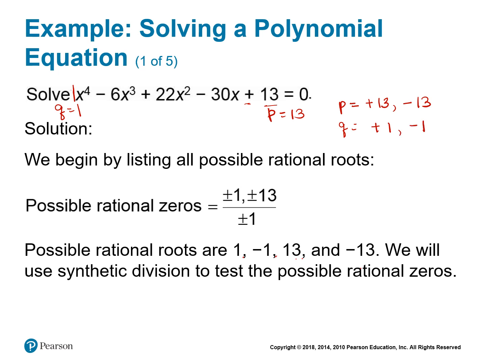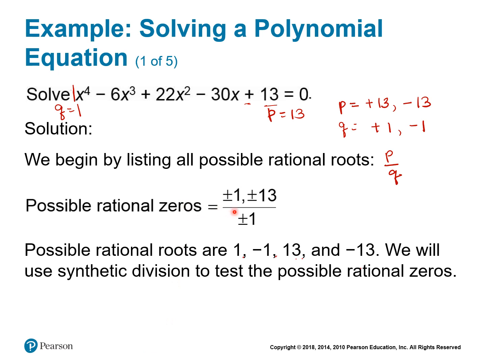Now we have to create all possible combinations of p over q using these values. So 13 over 1 and negative 13 over 1 is the first set, and then 13 over negative 1 and negative 13 over negative 1 is the next set.